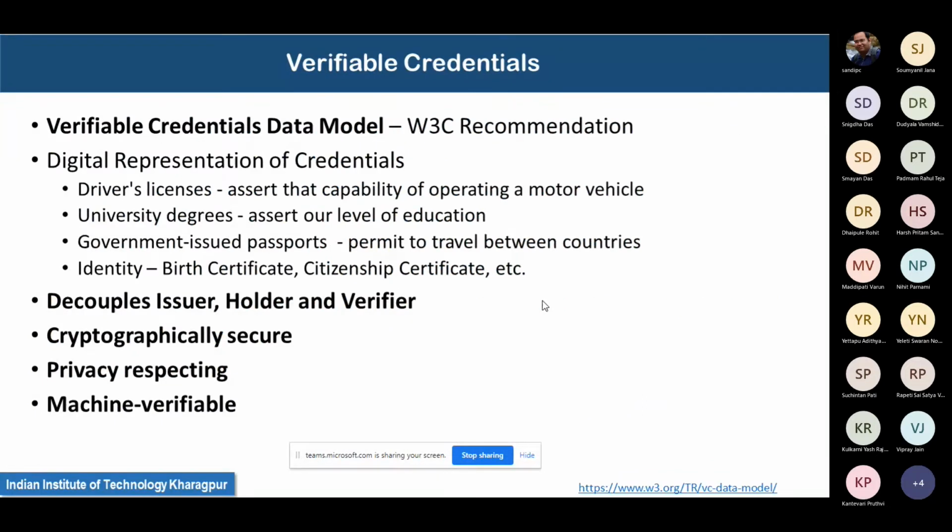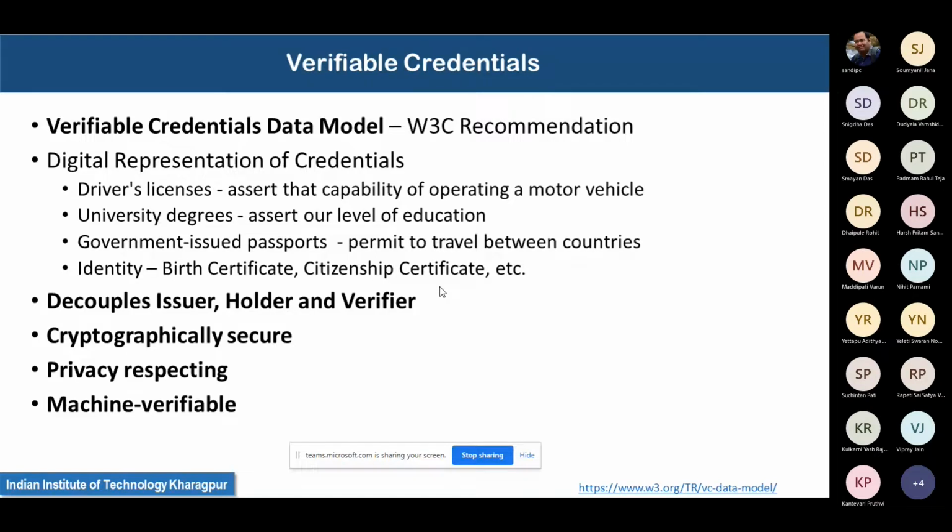we mentioned that these VCs are essentially digital representations of credentials similar to physical such credentials like driver licenses, university degrees, and so on. And the goal is to decouple issuers, holders, and verifiers. And of course, these are made cryptographically secure and privacy respecting, meaning the holder of the VC can selectively present part or whole of the VC to different verifiers based on the requirement and what the holder feels he or she is comfortable sharing with the verifier.